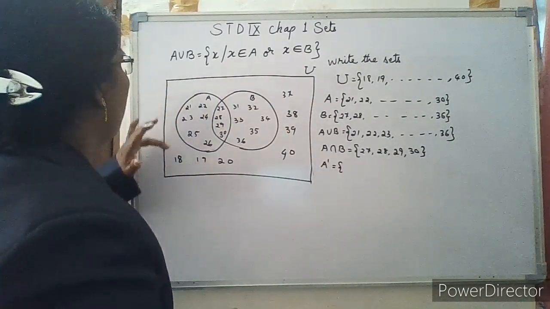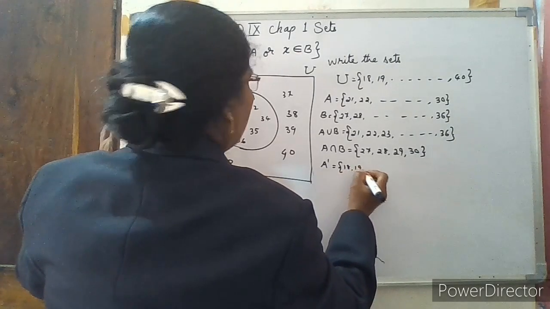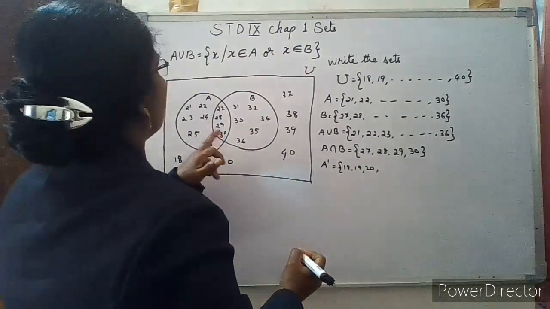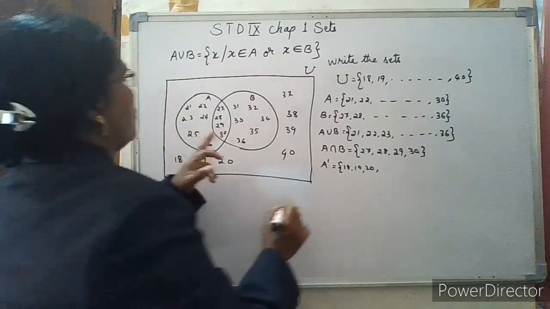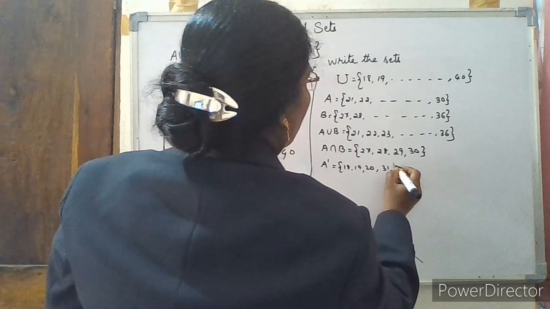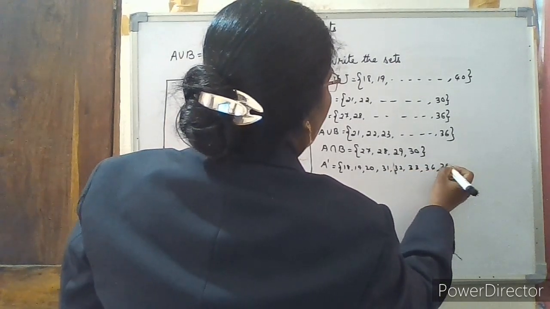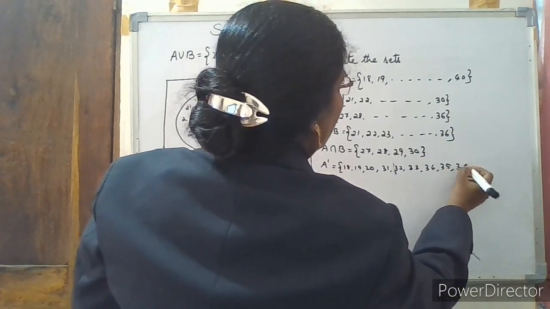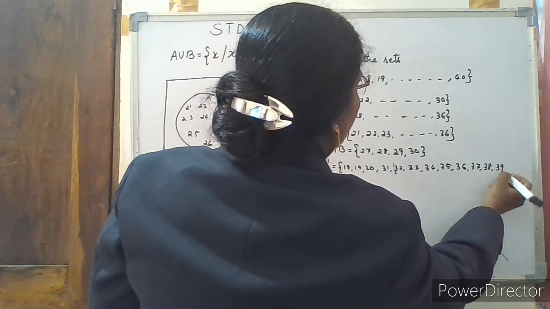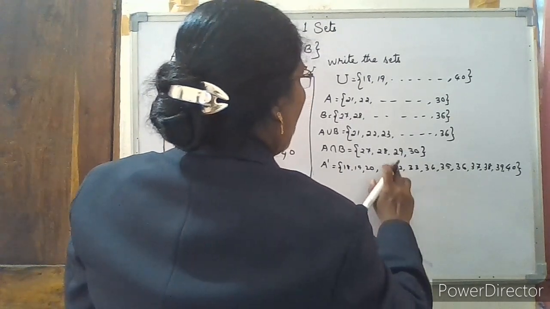So 18, 19, 20 are not in set A, then 21 to 30 are in set A, we have to leave them off, then 31, 32, 33, 34, 35, 36, 37, 38, 39, 40. This is complement of A.